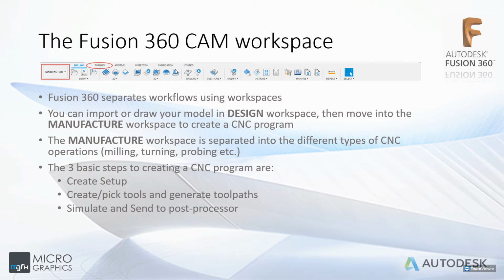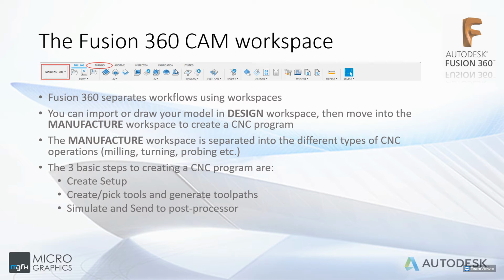Okay. In this workspace, there are three basic steps that you need before you can successfully create a CNC program. And those steps are, you're going to create a setup to define the stock material, origin points, etc. You're going to create or pick your tools if you have them created already, and you're going to generate toolpaths.